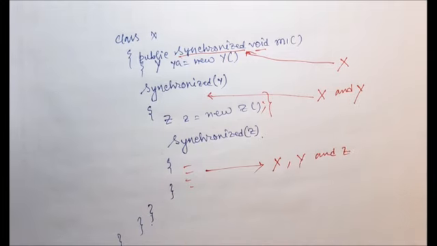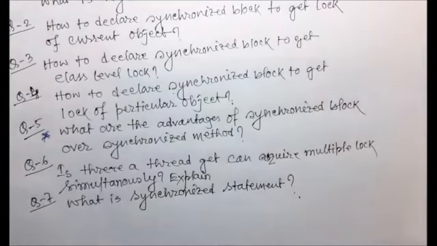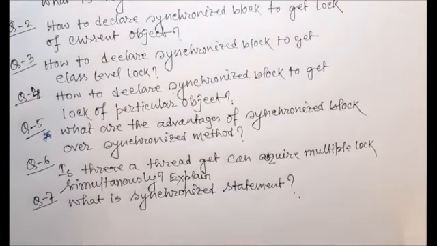So we can see that with the help of synchronized blocks, a thread can get multiple locks simultaneously, from different objects. So that is the answer to this question: can a thread acquire multiple locks simultaneously?